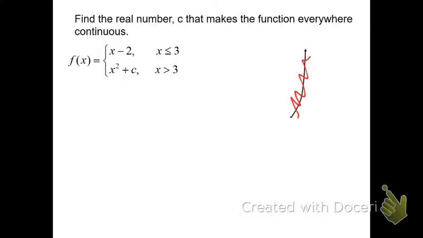All right, this is a very, very common question. Find the value of C that would make this continuous. Okay? Well, this is a line, which is continuous. This is a parabola, which is continuous. So the only thing that's in question is, will these two pieces meet at the same height?